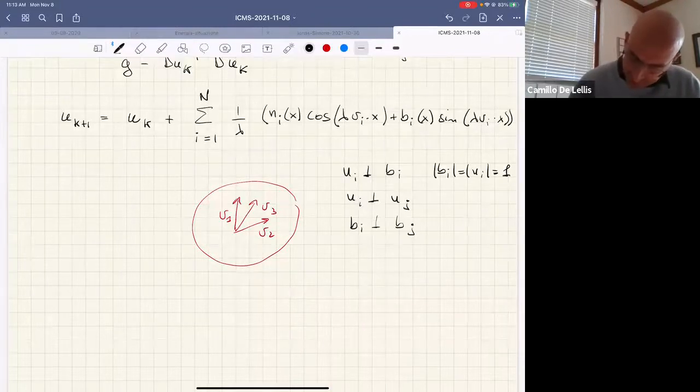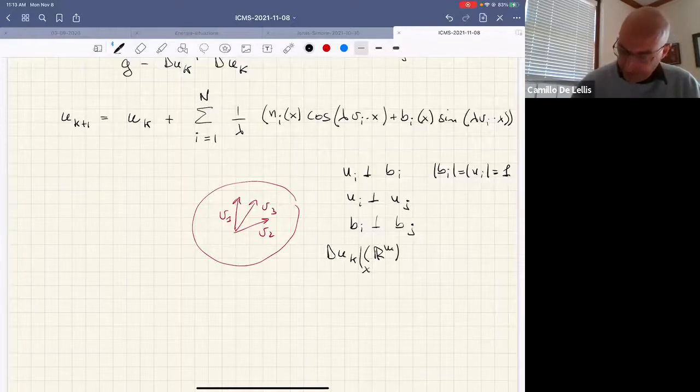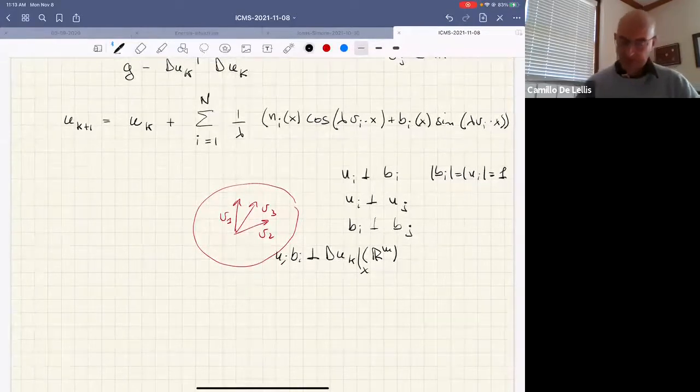Which means that if I take Duk of R^m, understood as a linear map at any point x, so this is a space, Bi and Ni are both orthogonal to this space.